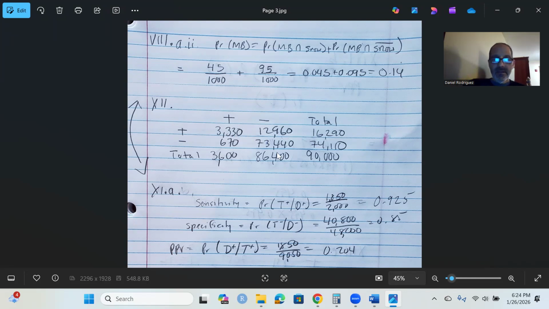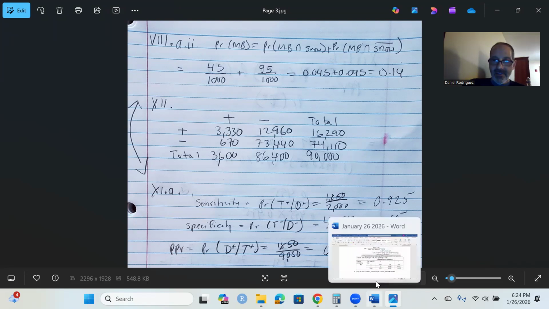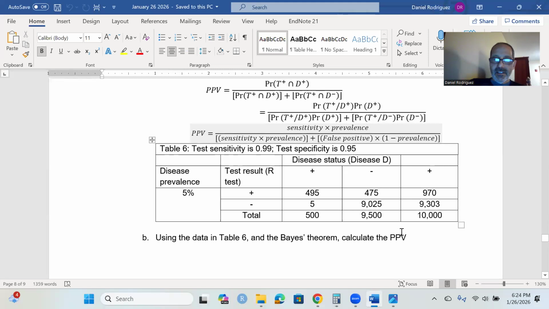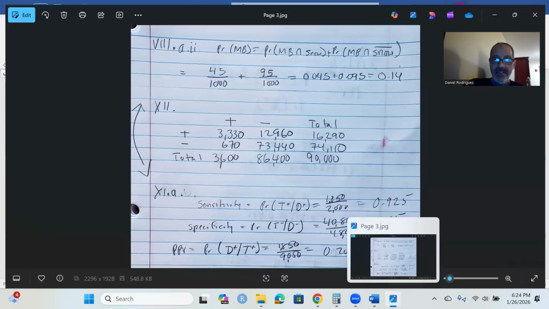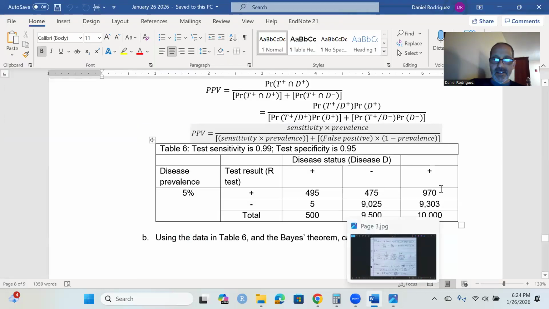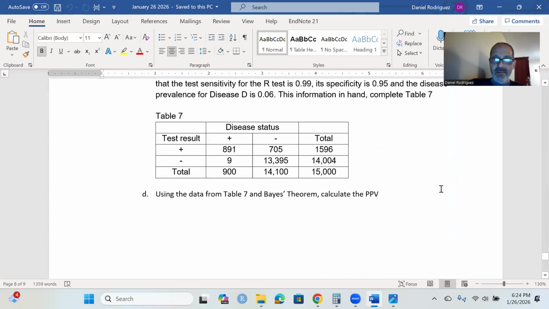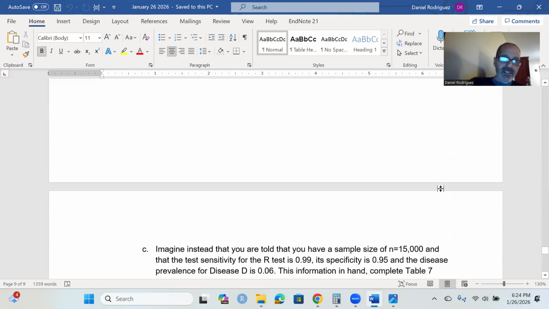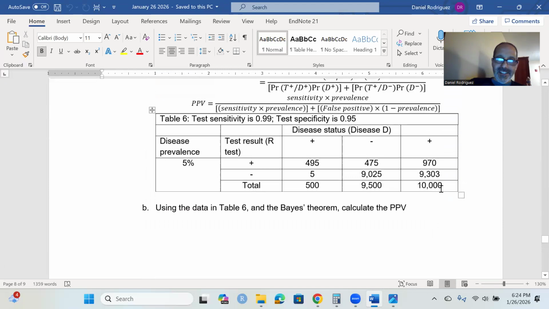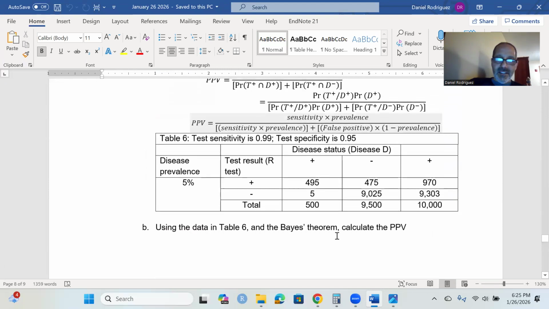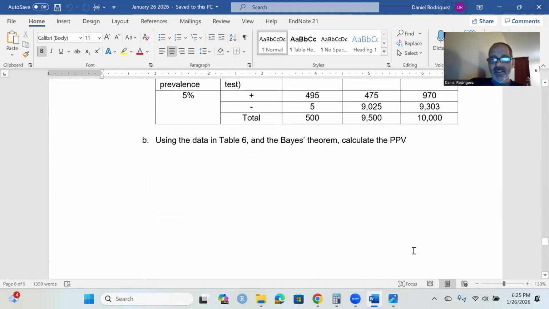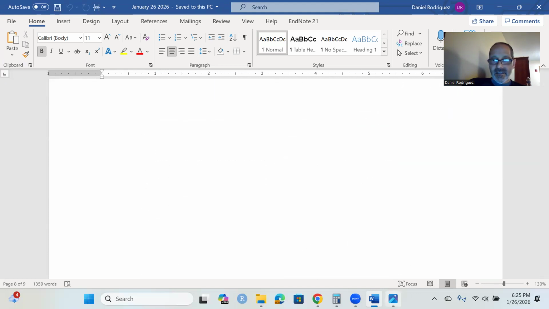Okay. Let's see, I don't know where I got those from. All right, so I'll just leave that because it doesn't really make sense. Using the data from table 6 and Bayes' theorem, let's see if I have a good example from Bayes' theorem.